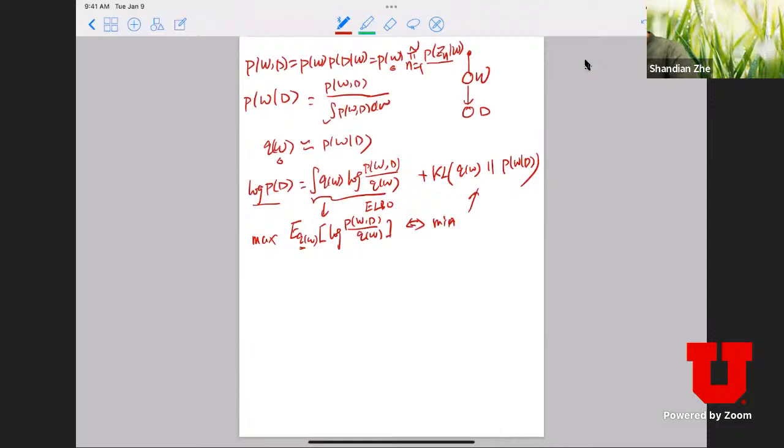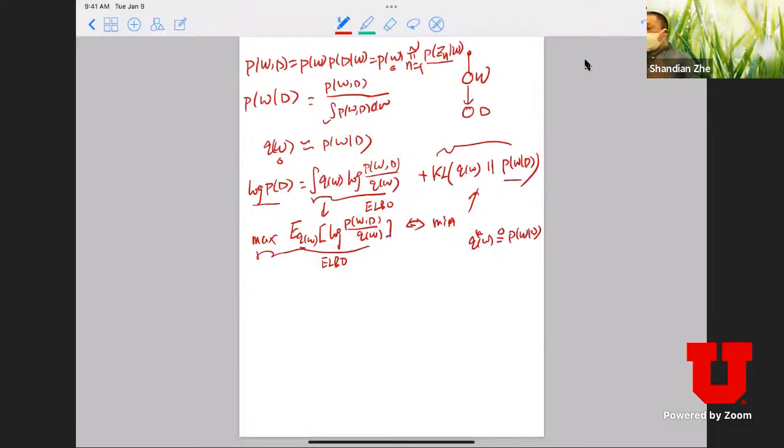When you reach the true maximum, you actually reach the true minimum of the KL divergence, and the true minimum of the KL divergence is achieved when your Q of W equals the true posterior distribution. So if you don't put any constraint on Q of W, the maximization of this ELBO is equivalent to calculating the true posterior distribution.